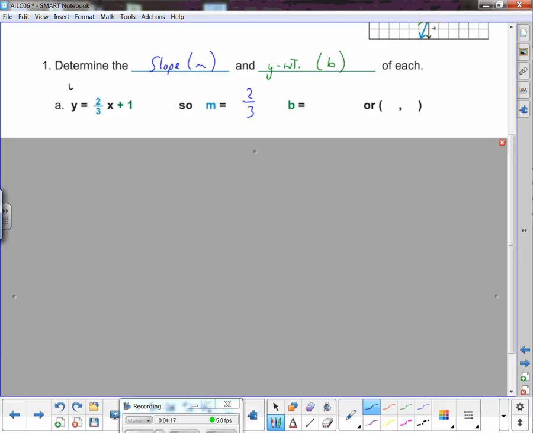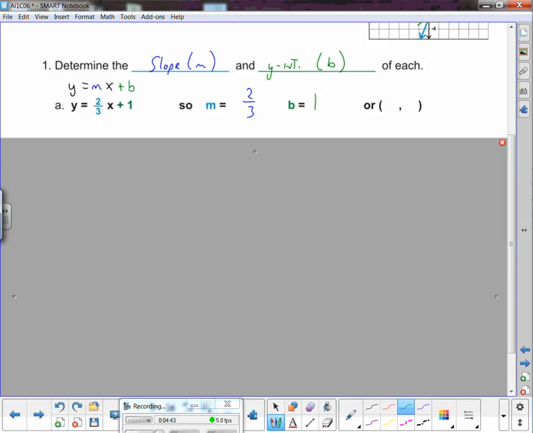Is not this in proper form already? Right? The y is on the left, isolated. There's an equal sign. You got the x listed first, and then whatever number after that. So it's in proper form. The m is the multiplier of the x term. It's a 2/3.